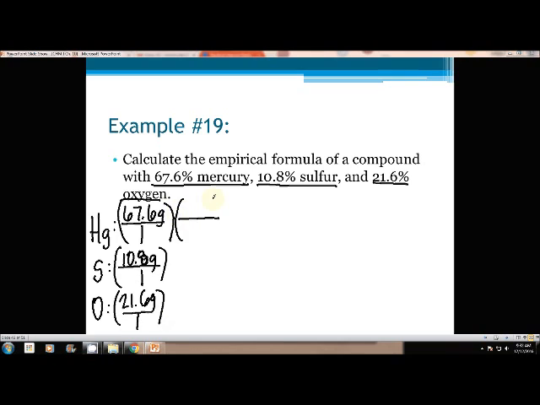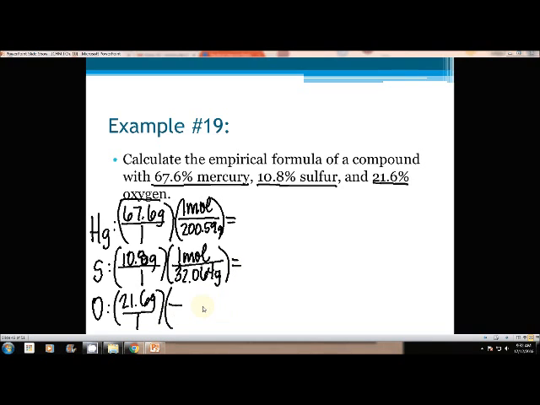That's step 1. Step 2, mass to moles. For all 3, we're going to put 1 mole over the molar mass of that element. Mercury is not always used by us, but its molar mass is 200.59 grams. Sulfur, 1 mole over 32.064 is what I have.